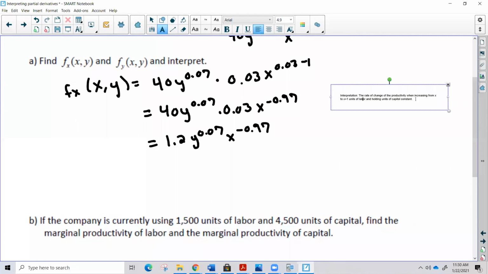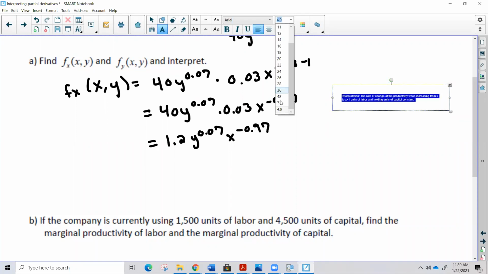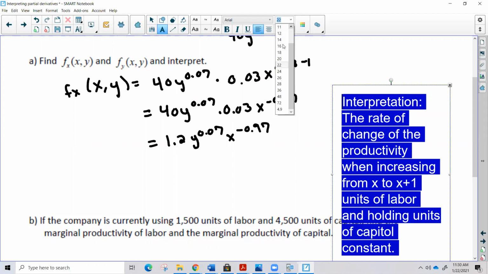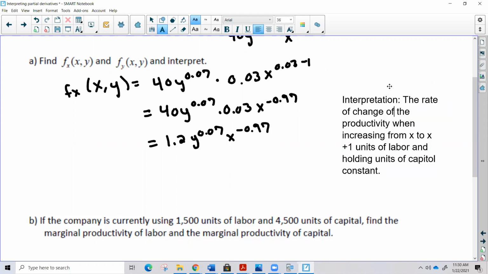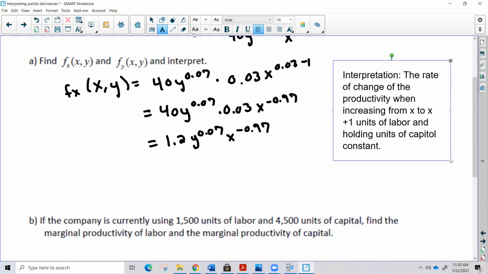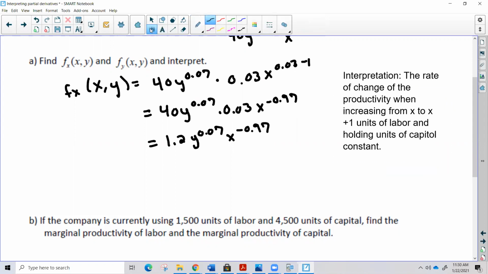Just move that over here. Okay, so then for Fy, I'm going to now consider X as a constant.